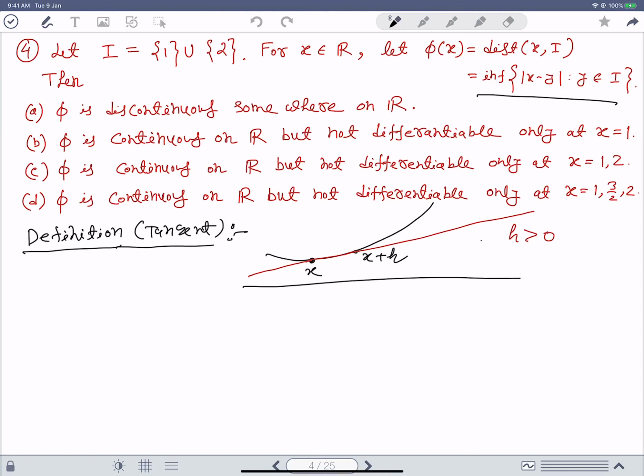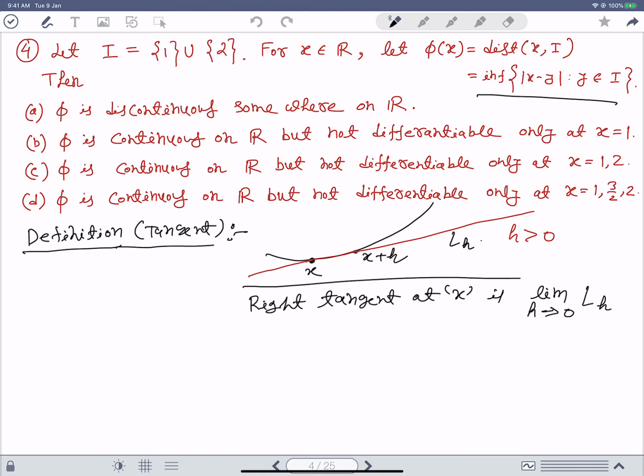Okay. Now suppose this line is my L_h. Then write: tangent at x is limit h tends to 0 of L_h. That means if you want to find the tangent at x, first choose a positive h and then take x plus h.